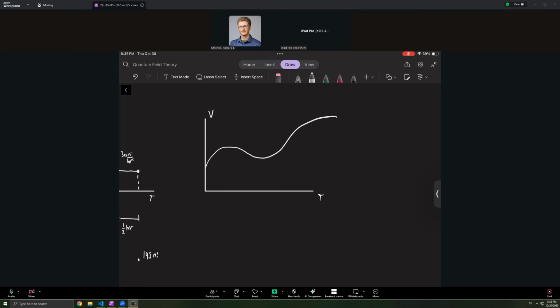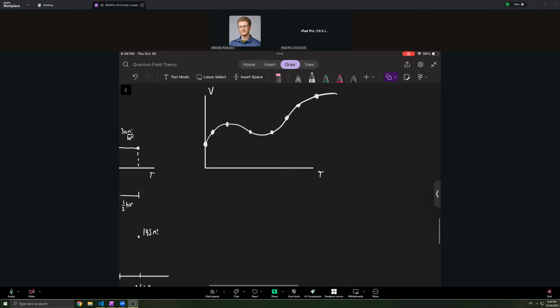So this is an idealized situation where maybe this represents the true velocity, but the data we have, we might only have the velocity at the beginning, at this point, at that point, and at points along this at evenly spaced intervals, or just any interval in general. So with this data, how would we go to a velocity versus time graph? Or how would we go from velocity versus time to position versus time?